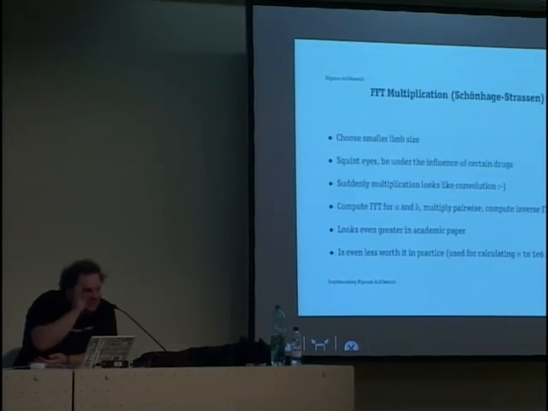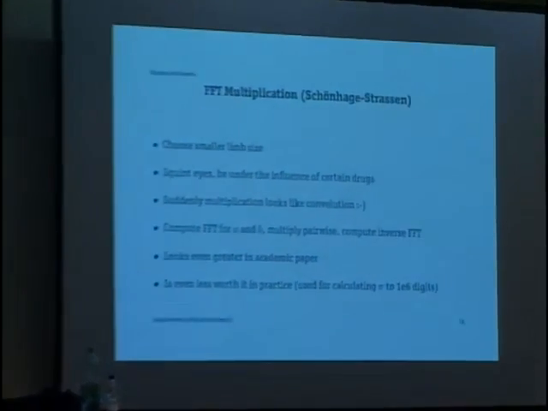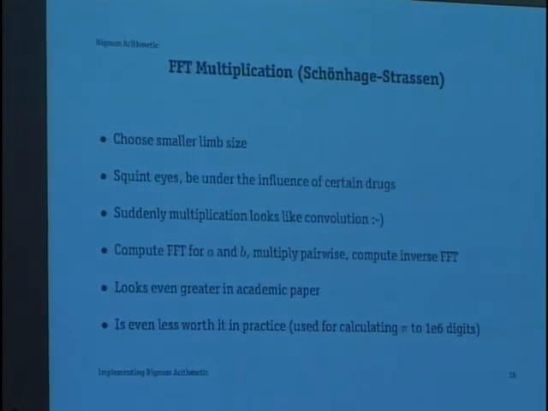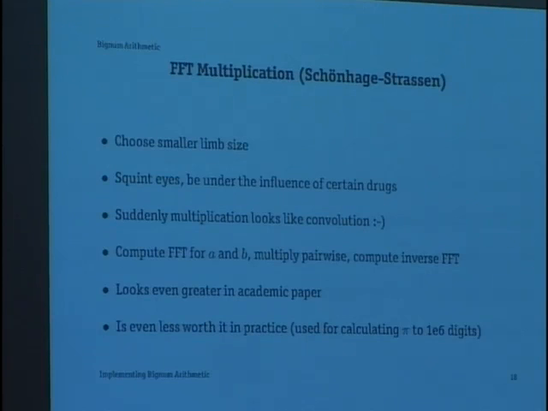And then there's the ultra version of the academic thing: FFT multiplication, where you choose a slightly smaller limb size. This is done because it's usually implemented in floating point. If you squint your eyes and you're under the influence of some drugs, you see that it looks like a convolution, and you can apply a Fourier transform.